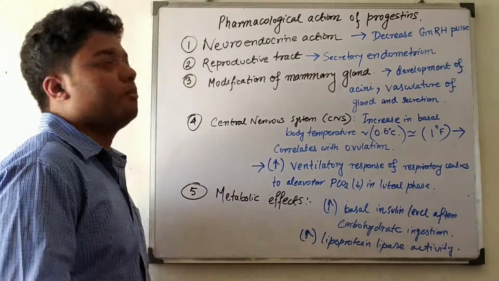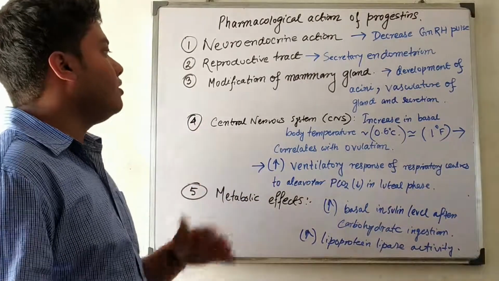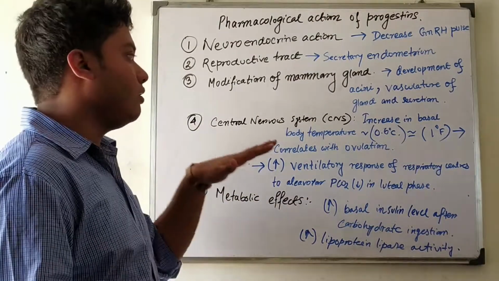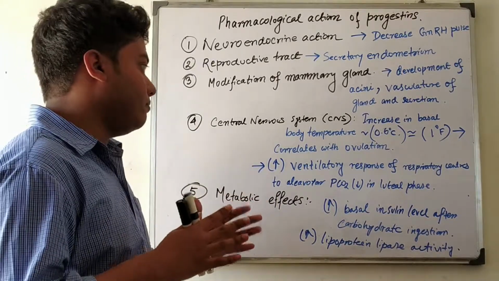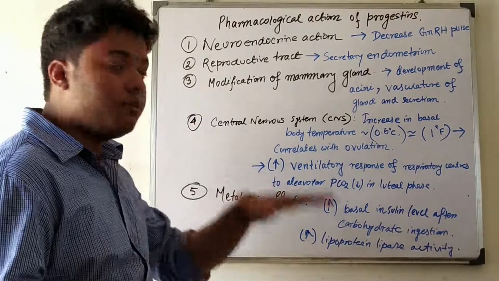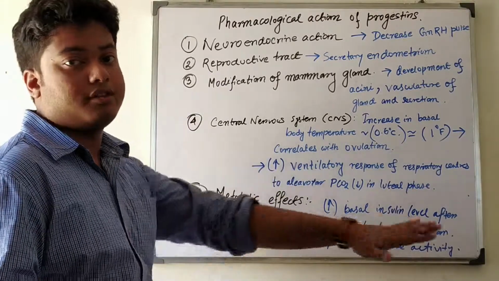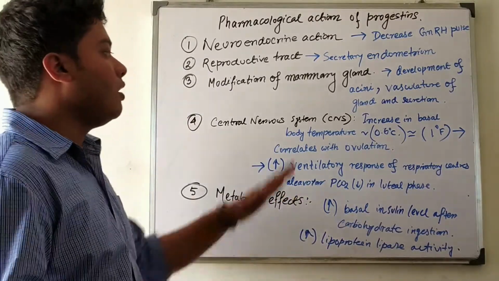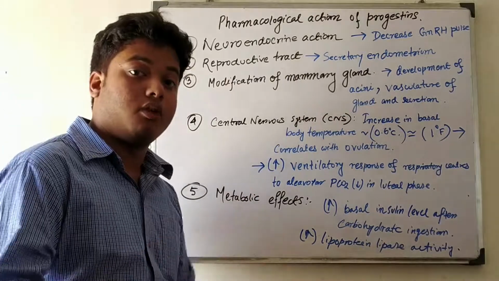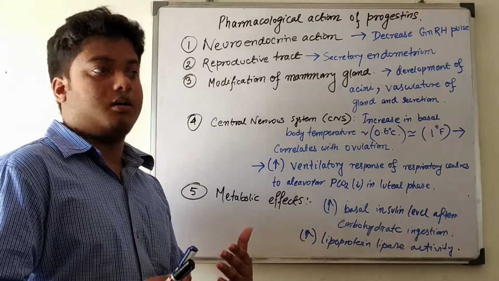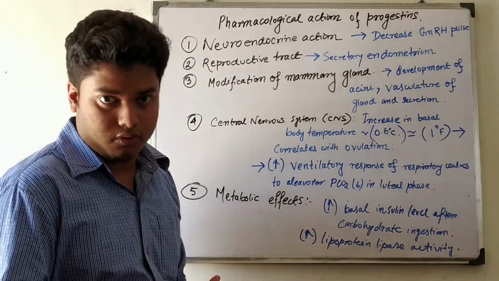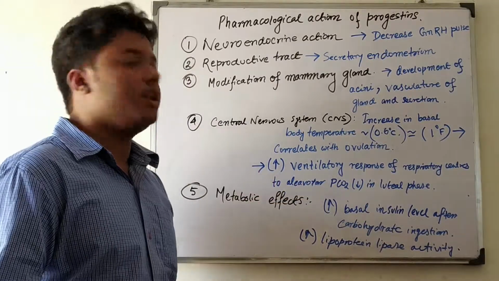And in the central nervous system, in the menstruation cycle, for perfect ovulation, the basal body temperature increases by 0.6 degrees Celsius, approximately 1 degree Fahrenheit, and this correlates with ovulation. That means it enhances the chances of ovulation.